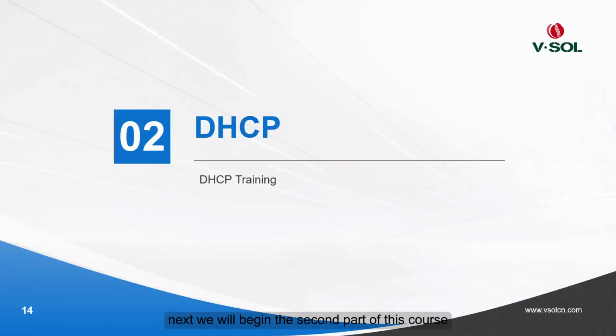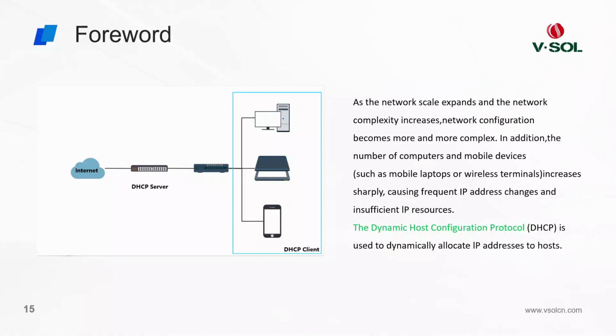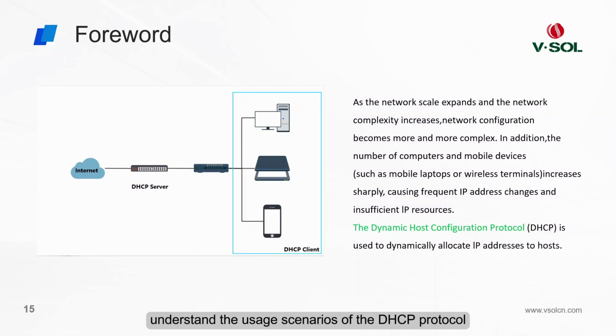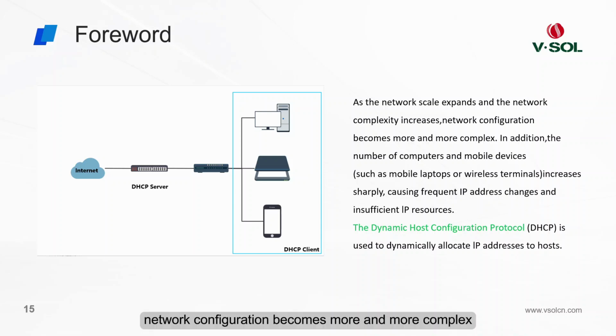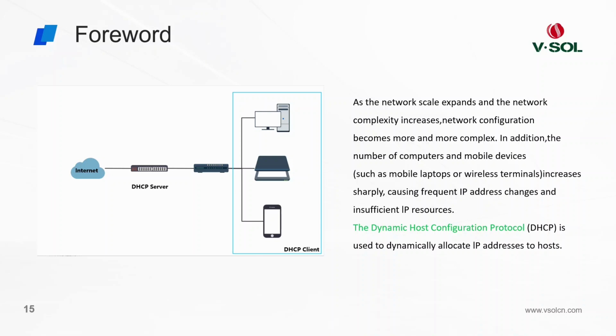Next, we will begin the second part of this course, the DHCP protocol. Similarly, we need to first understand the usage scenarios of the DHCP protocol. As the network scale expands and the network complexity increases, network configuration becomes more and more complex.